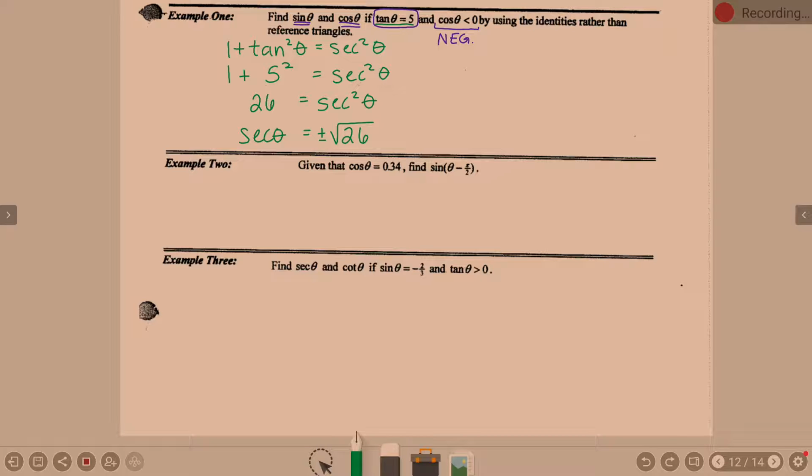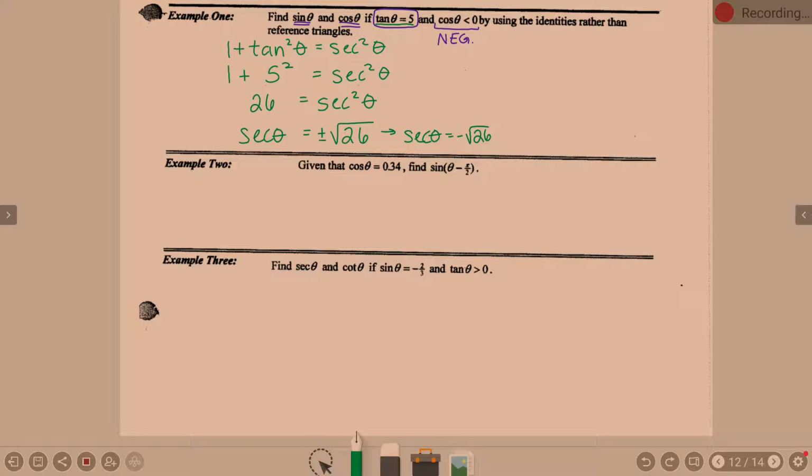Cosine is negative. And if cosine is negative, what's the reciprocal of cosine? Secant. So if cosine's negative, then secant has to be negative. So we know right there that secant of theta has to be negative square root of 26.